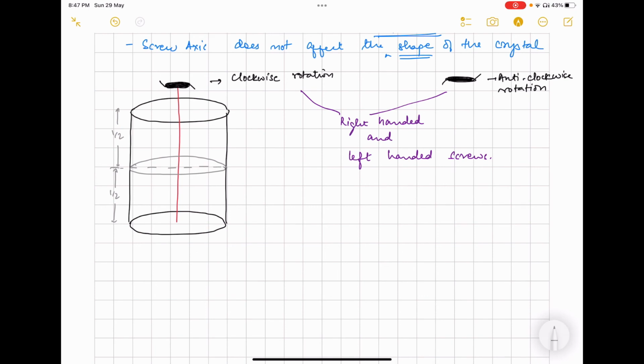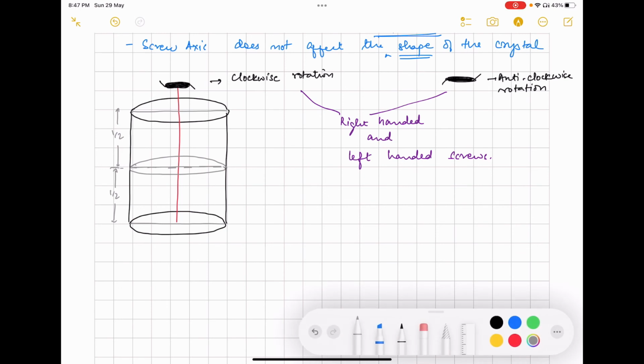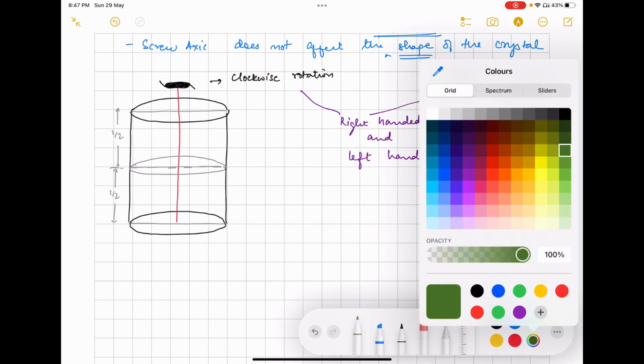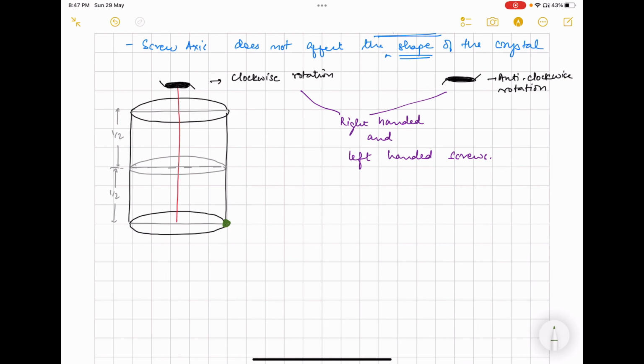Now suppose I start with the point here, initially, this is 1. Now it rotates, this is 2_1, so it rotates by 180 degrees.